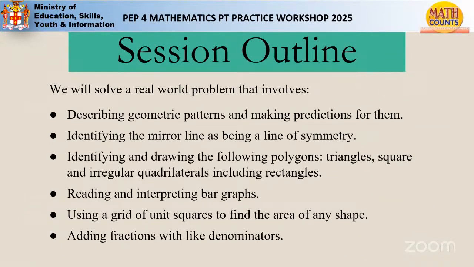So what we're going to focus on today: we will solve a real-world problem that involves describing geometric patterns and making predictions for them, identifying the mirror line as a line of symmetry, identifying and drawing polygons, triangles, squares, and irregular quadrilaterals, including rectangles, reading and interpreting bar graphs, using a grid of unit squares to find the area of any shape, and adding fractions with like denominators.